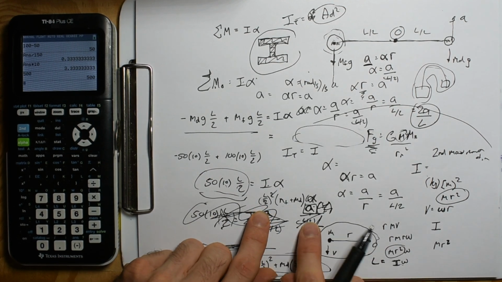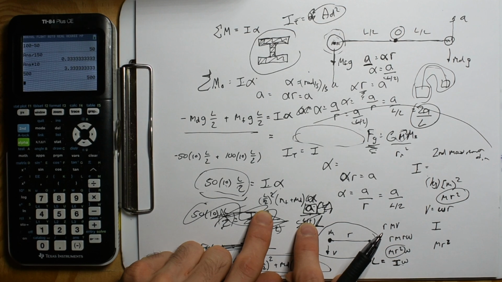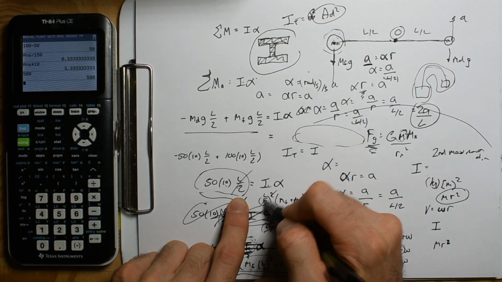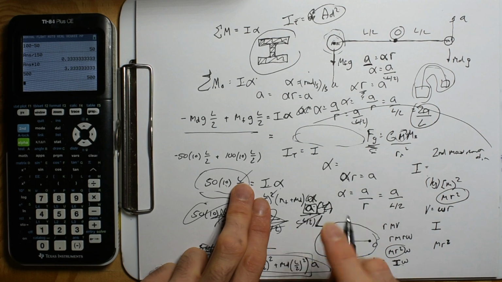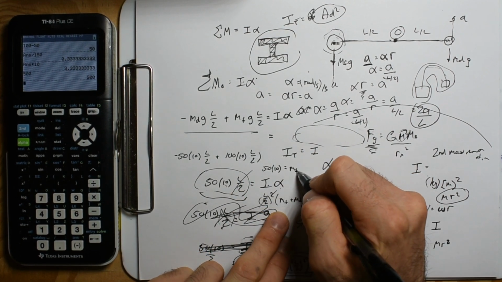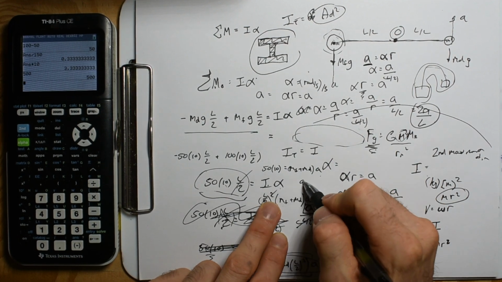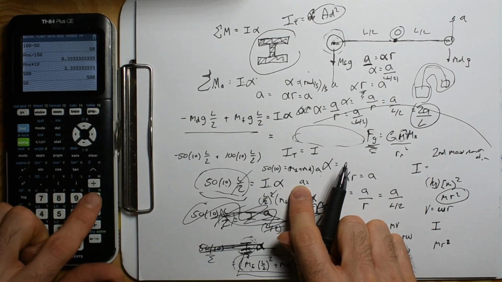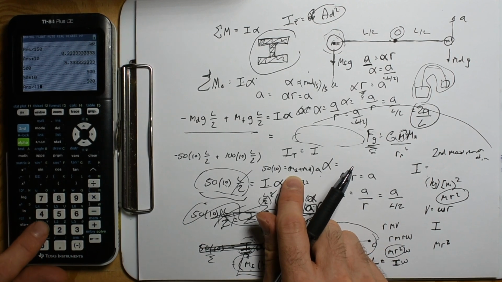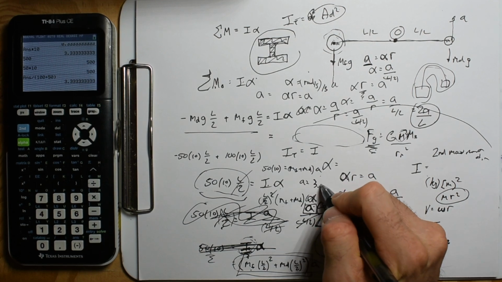One of those cancels, and if one cancels on this side, it cancels on that side, and now you have 50 times 10 is equal to the mass of the father plus the mass of the daughter times the acceleration. So acceleration is just 50 times 10 divided by 100 plus 50, and you get that same relationship, 3.33.